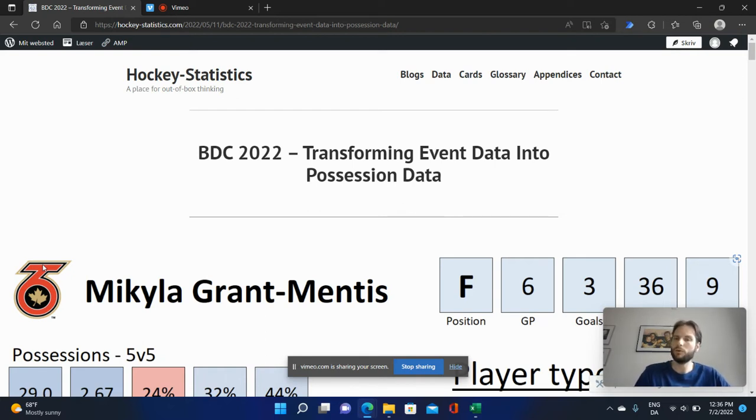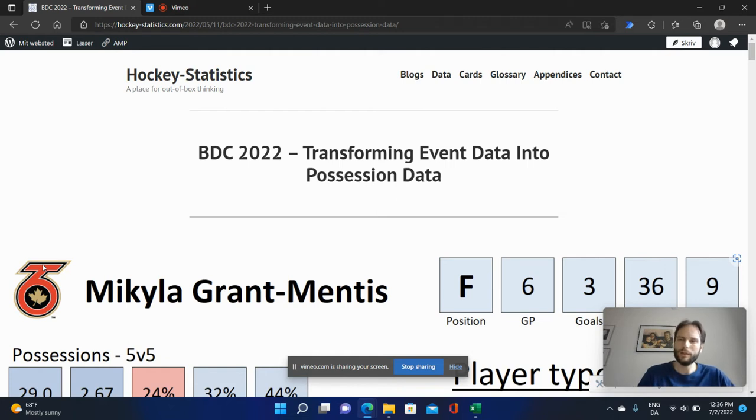You have passes, puck recoveries, shots, dump ins, dump outs. This allows us to determine when, where, and how a possession starts, and when, where, and how a possession ends. That's basically the entire premise of this project.